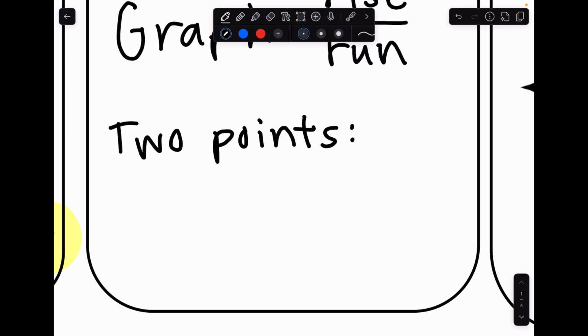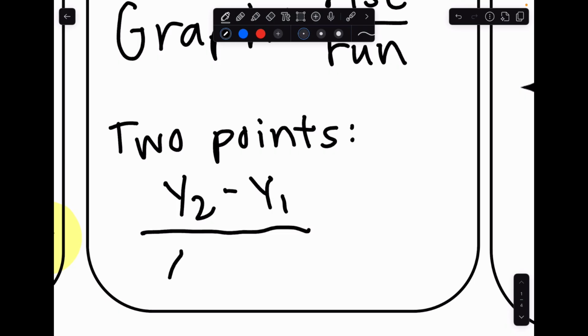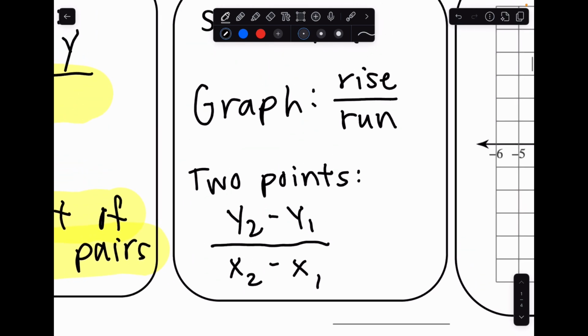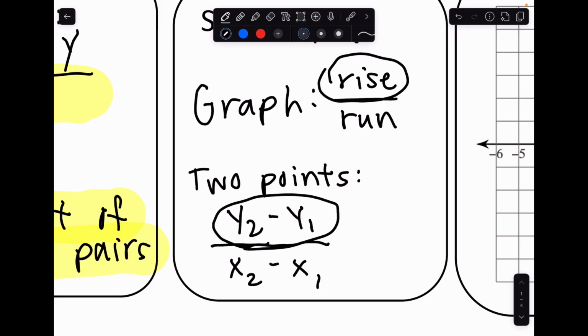From there, we know that we take our y2 minus y1 and put it over x2 minus x1. Okay? Now, this makes sense why we put our y's on top, because our rise is very close to our y's.